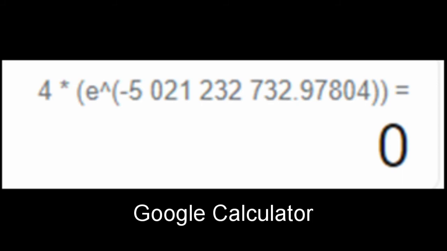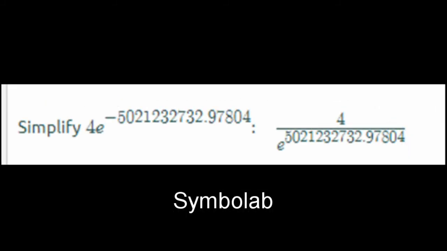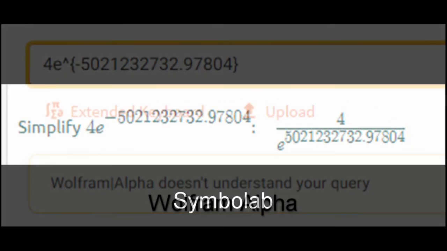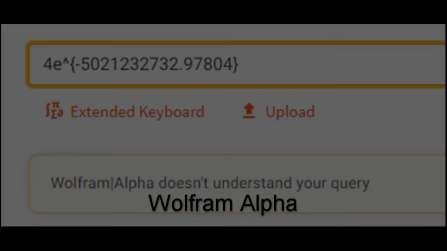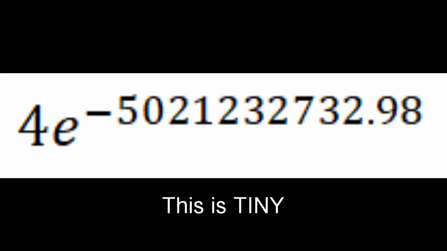I used a few places, and the number either rounded down to zero, couldn't be converted very well, or completely broke the calculator. So if it wasn't clear enough, this is very small.